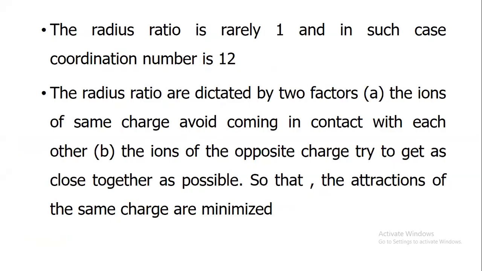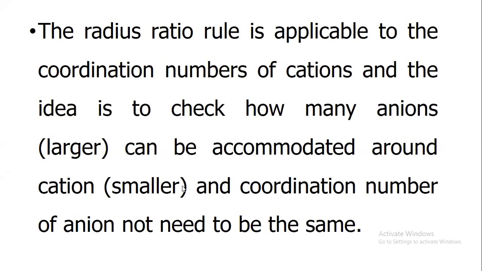Ions of opposite charge try to get as close together as possible so that interaction between like charges is minimized. The radius ratio rule is applicable to the coordination numbers of cations, and the idea is to check how many anions can be accommodated around the cation.